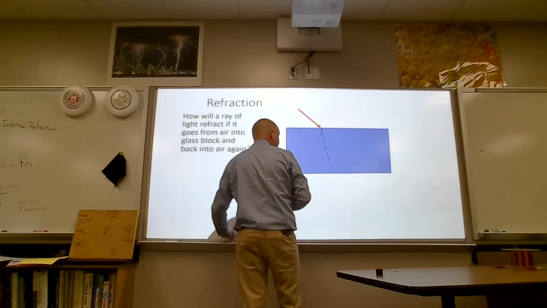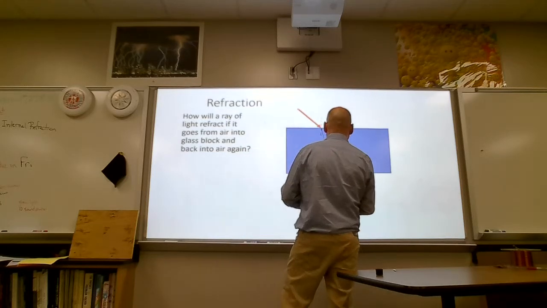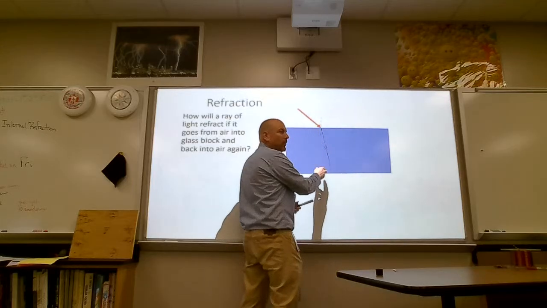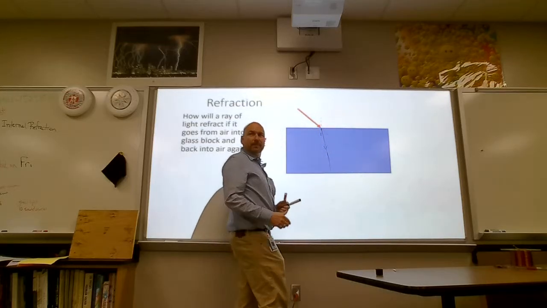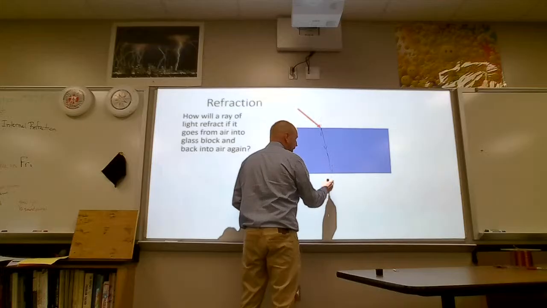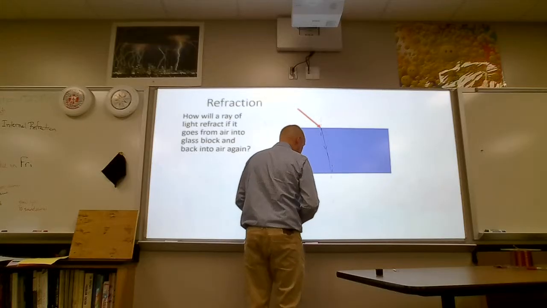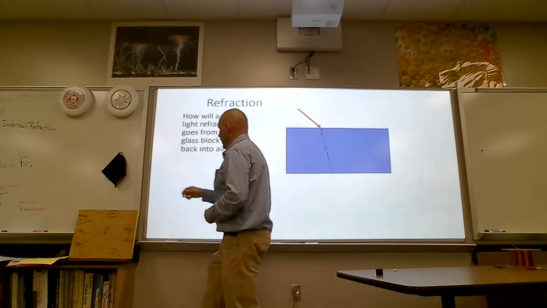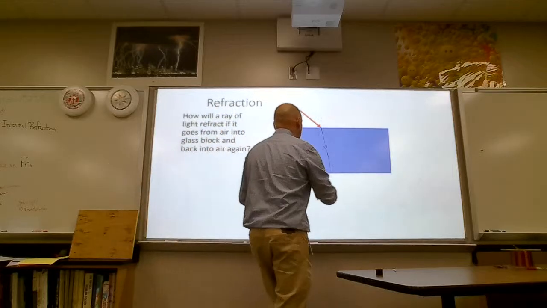And then when it gets to here, is it going to bend away or towards the normal line? Show me the normal line on this one. Again, like that. It's going to bend away from the normal line. I'm going to try to draw that better.